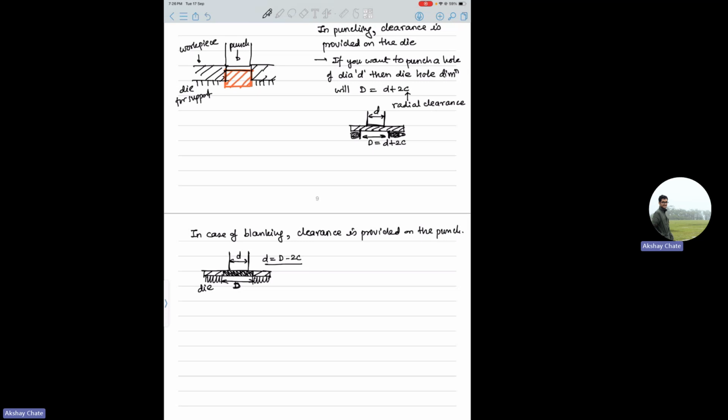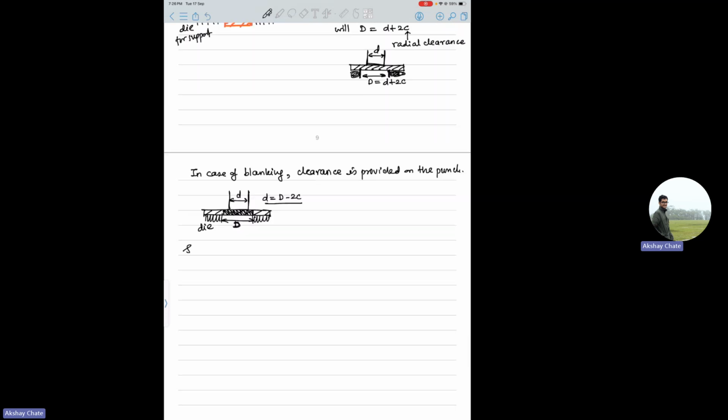Sometimes the radial clearance c is not clearly mentioned. If that happens, there are two ways to calculate c. c is calculated as 0.0032 times the thickness of the specimen times the square root of the shear strength of the workpiece, or c can be taken as 3% of the thickness.